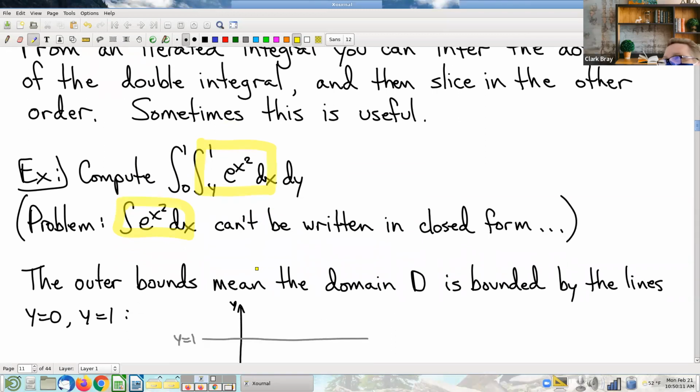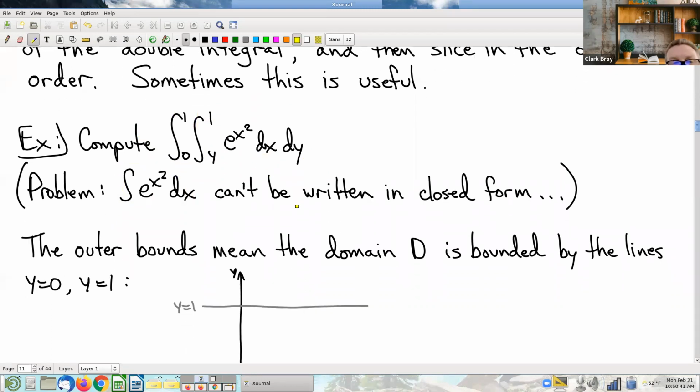If you ask what is the antiderivative of e to the x squared, you can't write it down in what we call closed form. You can write it with power series, Taylor series, that kind of thing. But then your antiderivative is an infinite series. So if you try to compute this iterated integral brute force, you hit a wall.